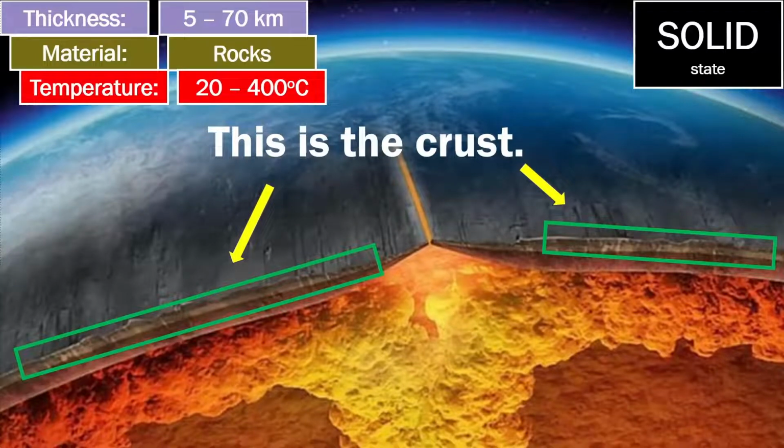Okay, the fact that you need to know is the rocks in the crust are solid. And then the thickness is between 5 to 70 kilometers. Why 5 to 70 kilometers?